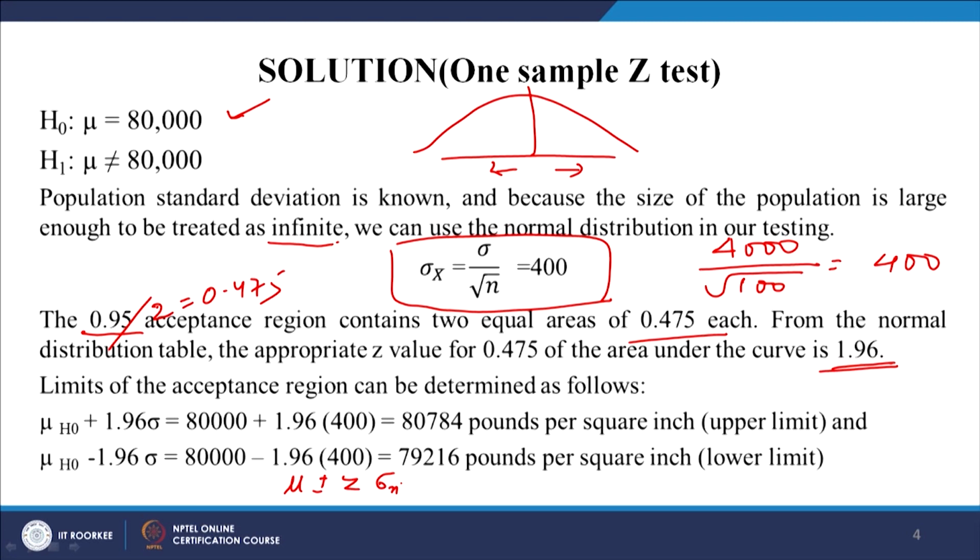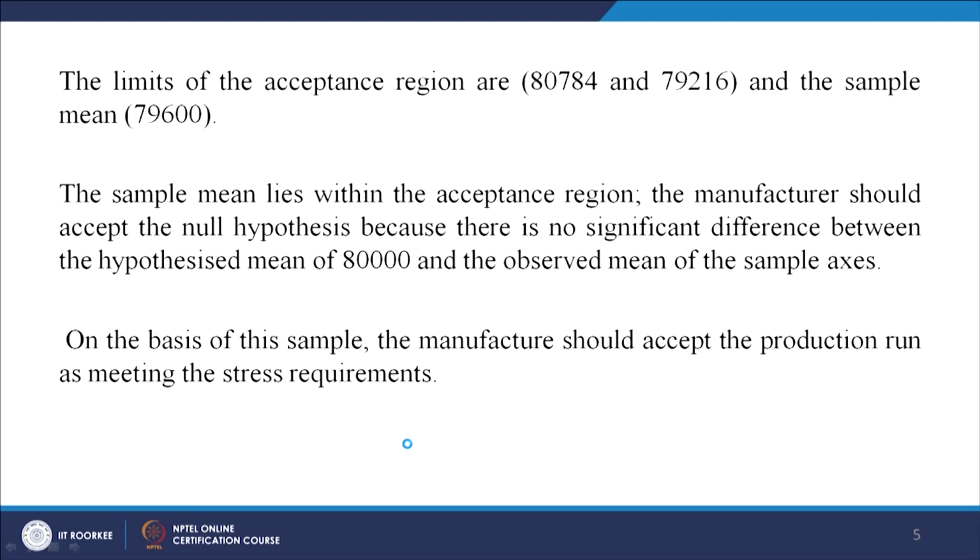That is giving us the upper limit and lower limit. When this value comes to us, we can see that your value of mu was 80,000. Now, 80,000 surely lies between these two, right. So, the limits of the acceptance region are 80,784 and 79,216, and the sample mean is 79,600.